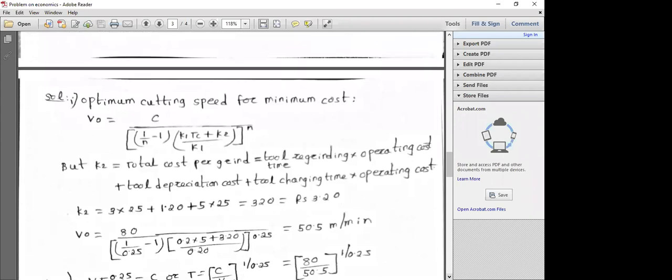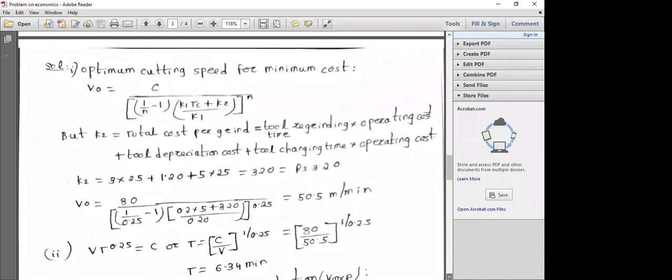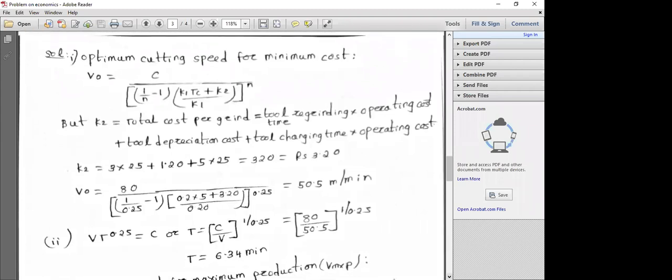After finding K2, you have to calculate the optimum cutting speed for minimum cost. After calculating that, considering Taylor's tool life equation, you simply calculate the tool life for the corresponding optimum cutting speed, TMC or T0, whatever it is.